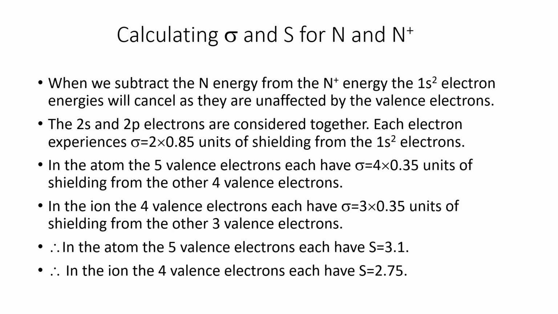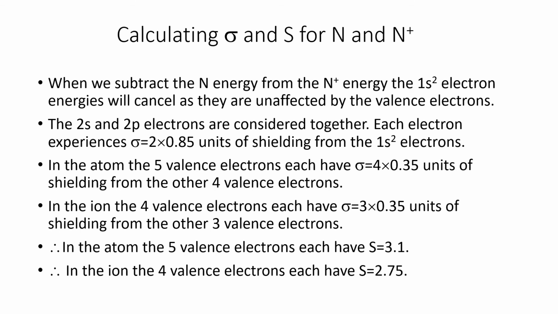And so what we can do is we can take all of these sigmas into account. We can add them up and work out the total shielding experienced by the valence electrons. So in the atom, we've got 2 lots of 0.85 from the innermost shell, and we've got 4 lots of 0.35 from the valence electrons, and I think that should all add up to S equals 3.1.